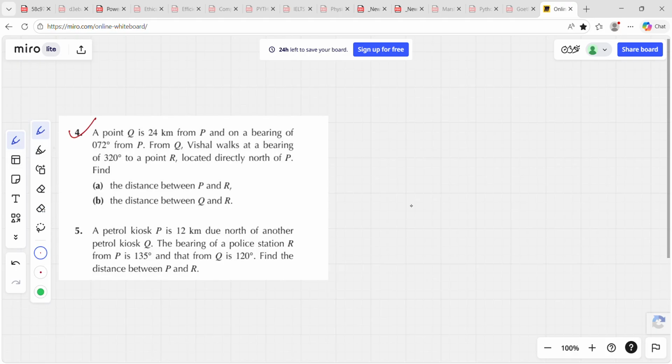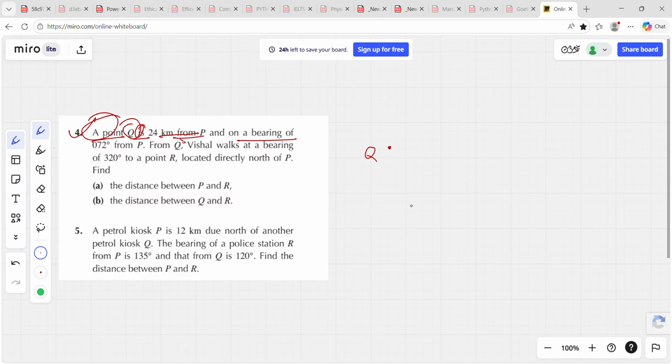This particular problem says a point q is 24 kilometers from p on a bearing of 72 degrees. So this is p.